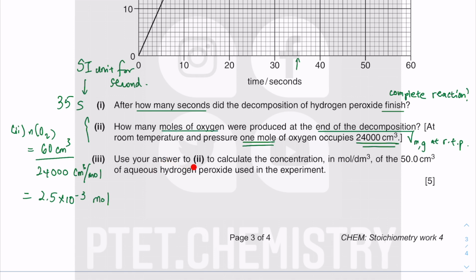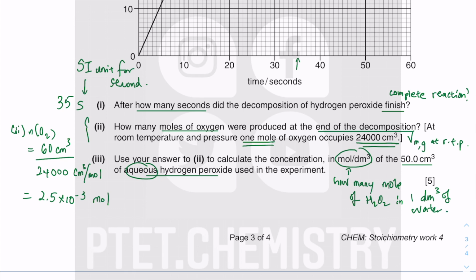Now use your answer to 2 to calculate the concentration in mole per dm³ of the 50 cm³ aqueous hydrogen peroxide. This is aqueous, this is concentration. How many mole of H2O2 in 1 dm³ of water?